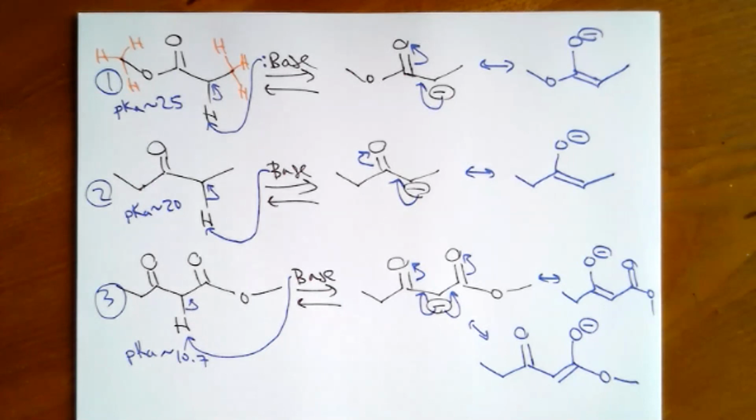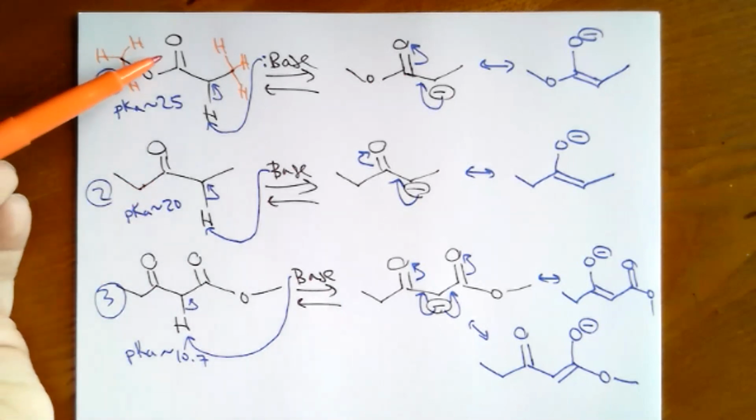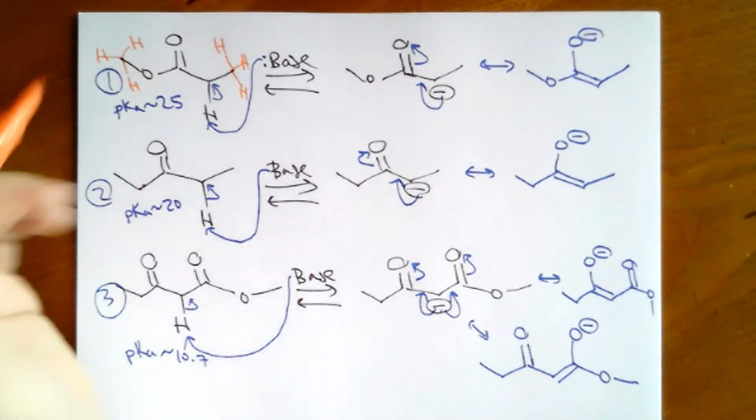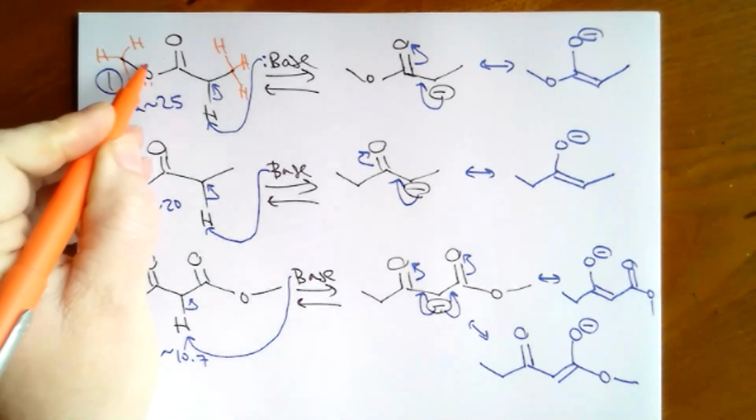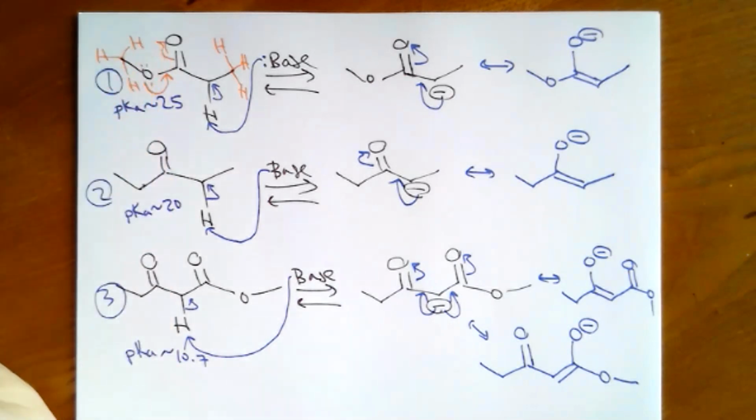If you go back to our reactivity chart that we've talked about so many times, remember ketones are more reactive than esters. The real reason for that is because esters have a donor group over here. Donors make acids weaker. Donors make bases stronger.